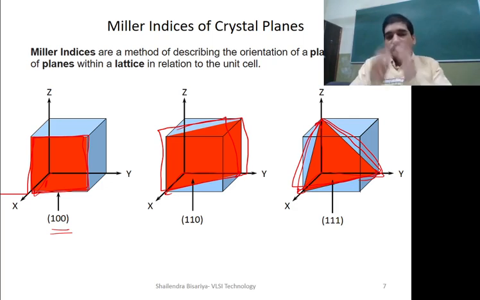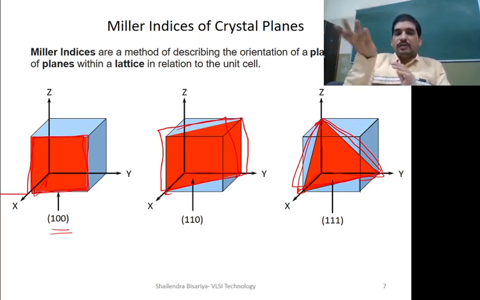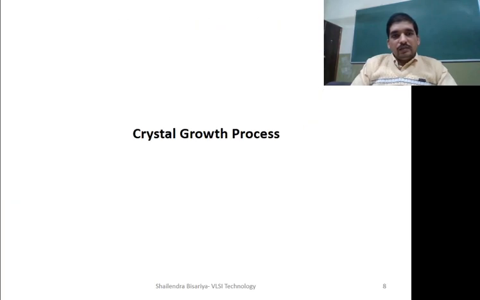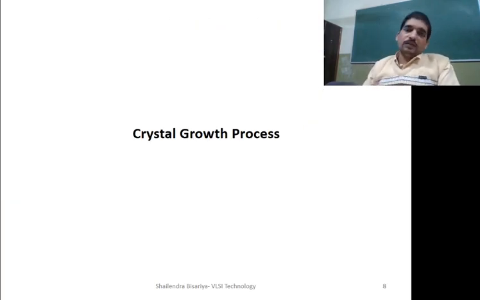You must revise these basic points because these are required to understand, when we are making a single crystal silicon structure, which type of plane is there, what will be the advantage and which type of structure will be better. So this is about the Miller indices you should study, and we can proceed further as per the syllabus.